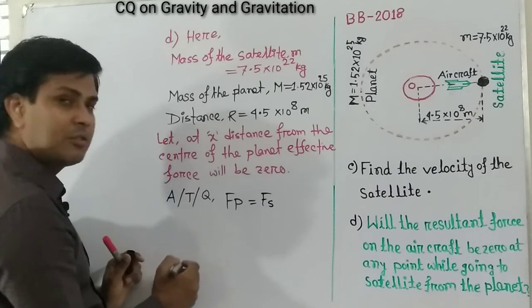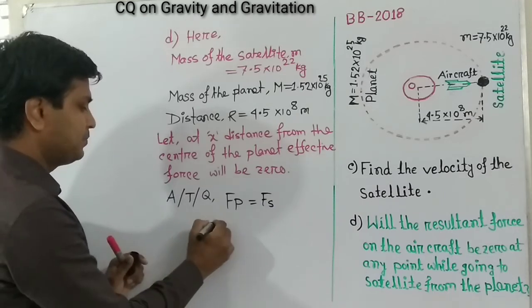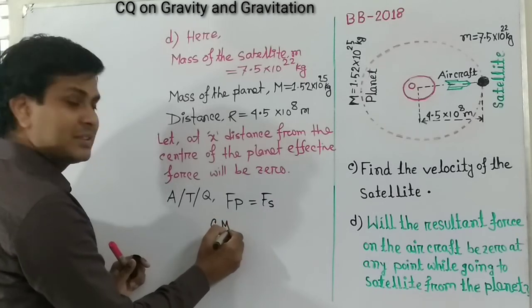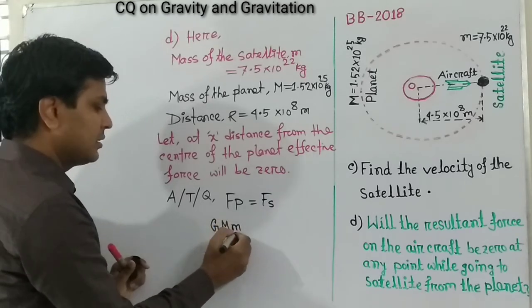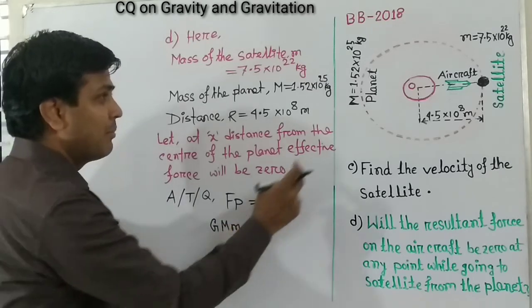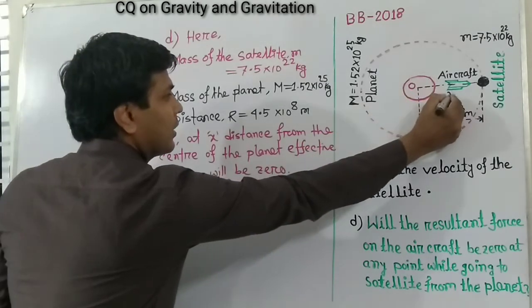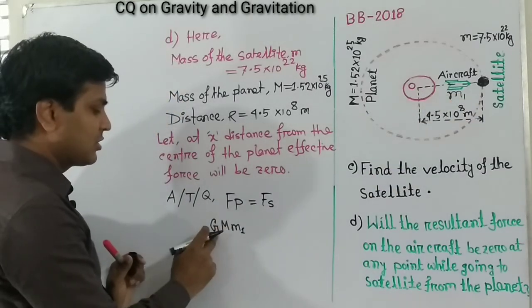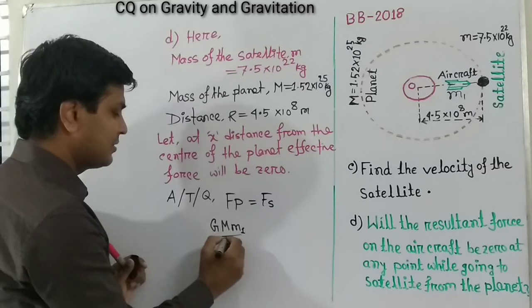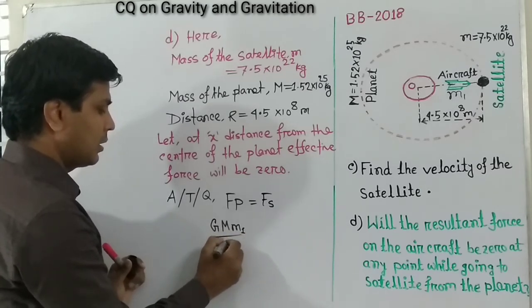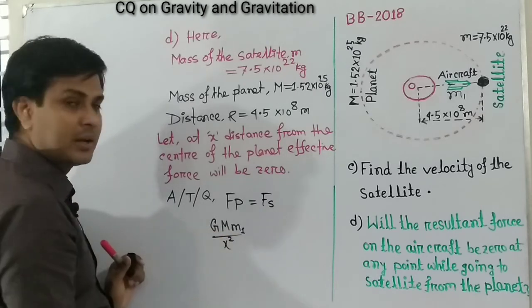And if we put the formula, which is capital G, the mass of the planet is capital M and the mass of the aircraft is M1, divided by the distance x square.